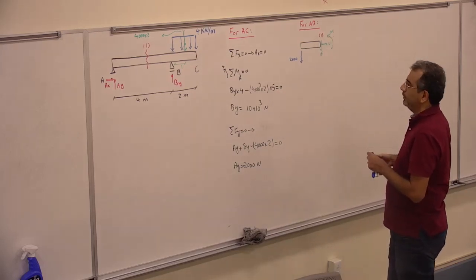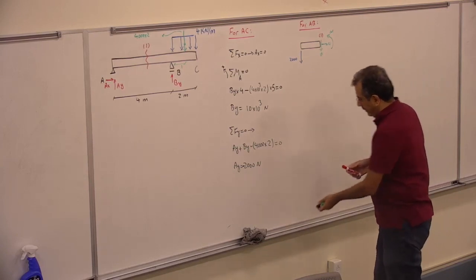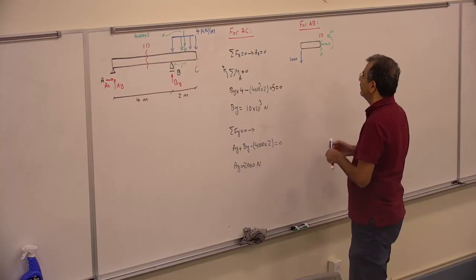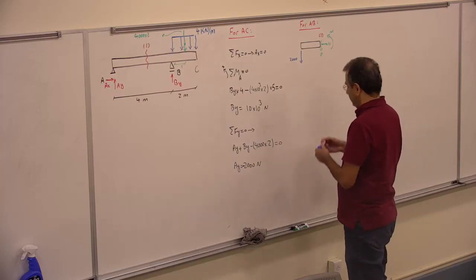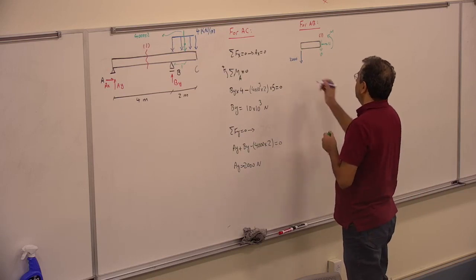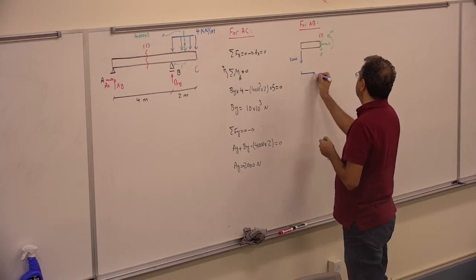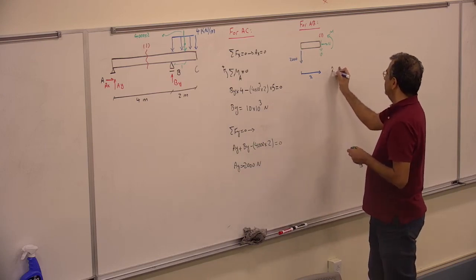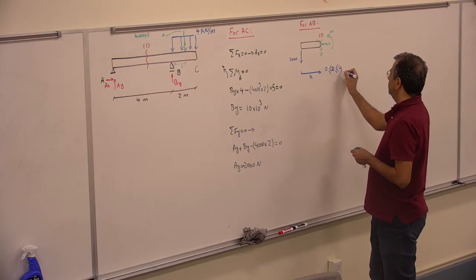And the X will start again from here, going from this section, and X would be between 0 and 4.